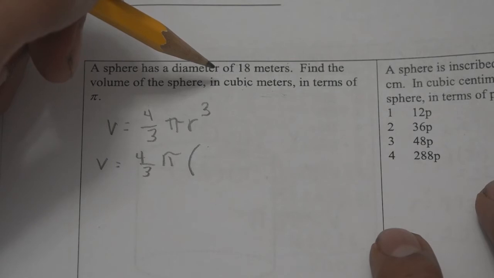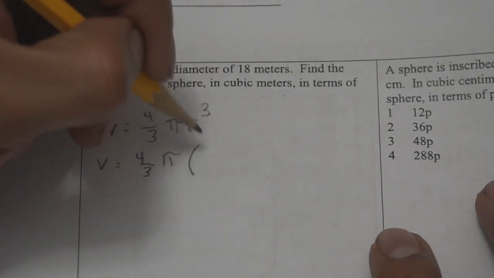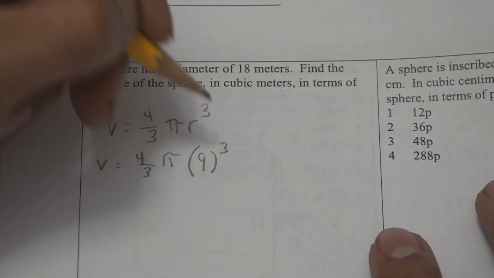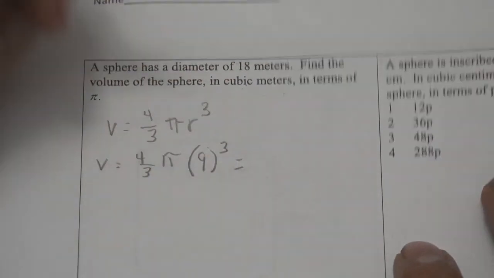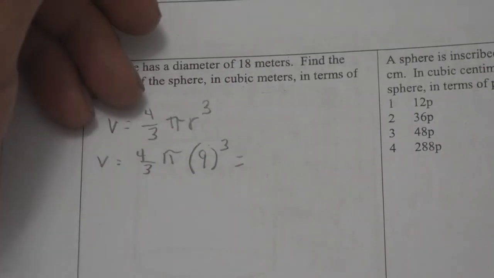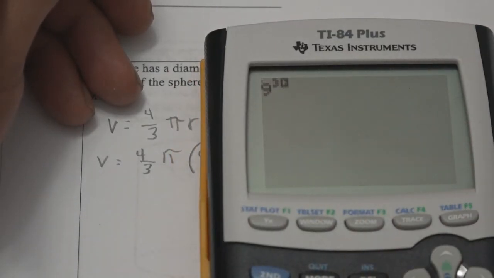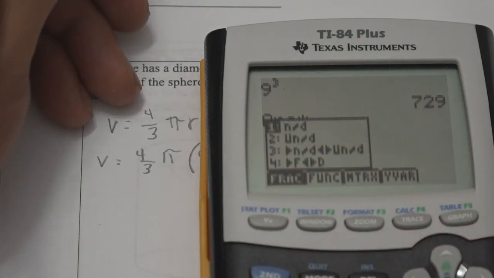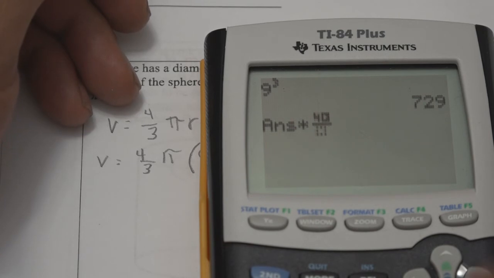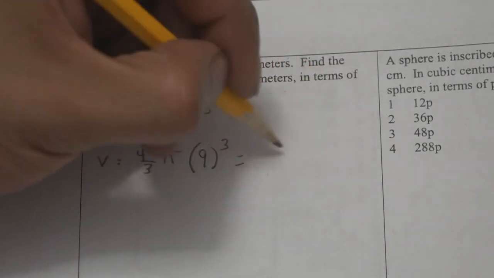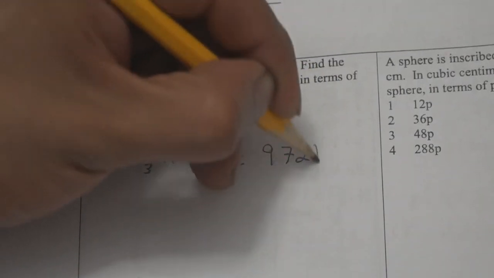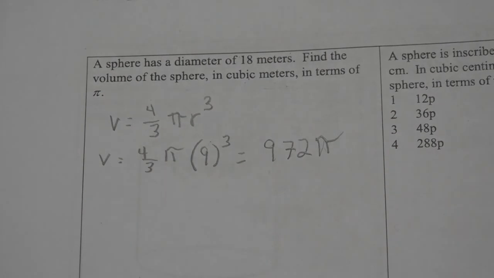So 4 times 9 to the third, in terms of pi. 9 to the third power times 4 over 3 is 972. So this is 972 pi. Make sense? Then let's move on.